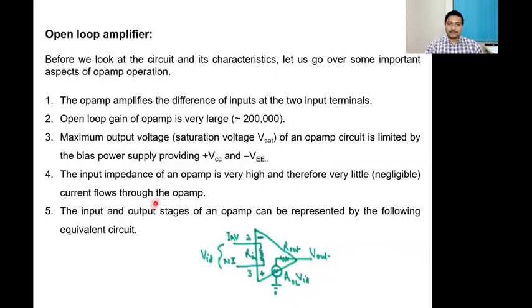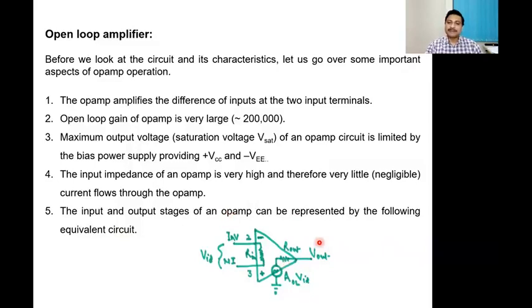Continuing from here, for the input and output stages of an op-amp, recall that the input impedance of an operational amplifier is supposed to be very high, ideally infinite, typically a few mega ohms. Similarly, output impedance is ideally supposed to be zero, typically a few tens of ohms. So the input and output stages of an operational amplifier can be represented by the following equivalent circuit.